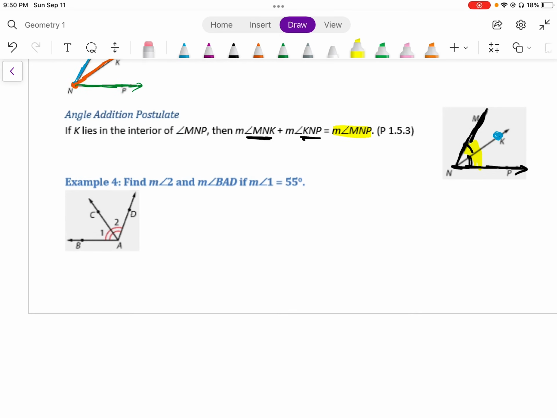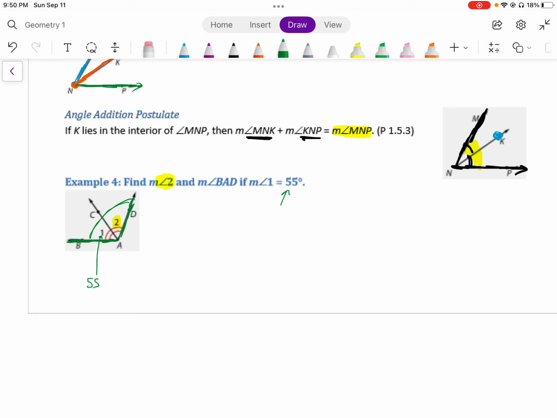Example 4, find the measure of angle 2 if the measure of angle BAD, that's the large one, that whole thing there, we want to find that if the measure of angle 1 is 55.